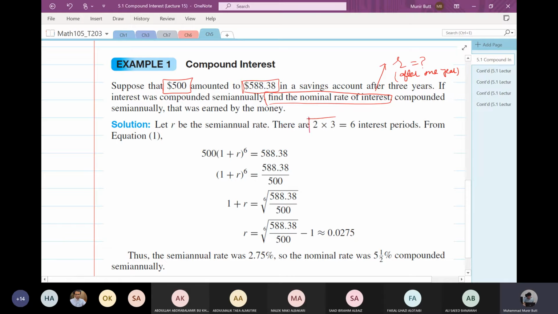First of all, in the formula, S is equal to P into 1 plus R to the power N. So what is P here? The principal amount. What was that? 500. S means the result of the final compound interest. What is that?